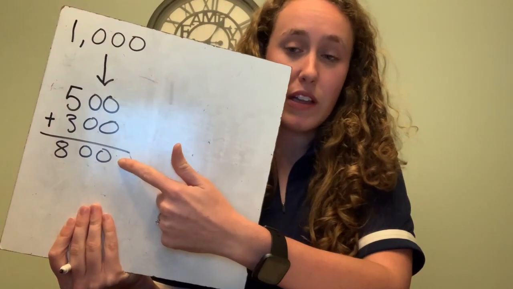The next sentence says, once again, half of the pot of sauce is used. Half of 1,000? No, we don't have 1,000 milliliters. We have 800 milliliters. Half of 800.